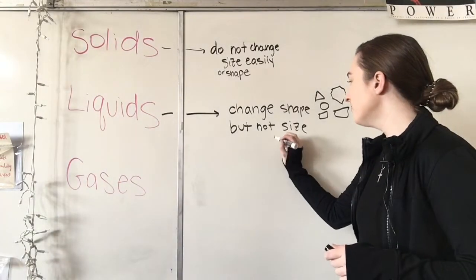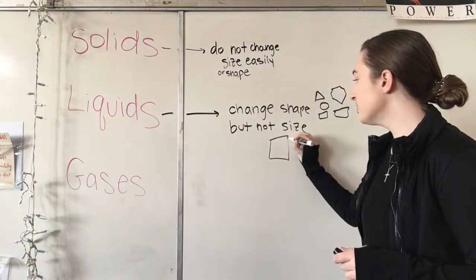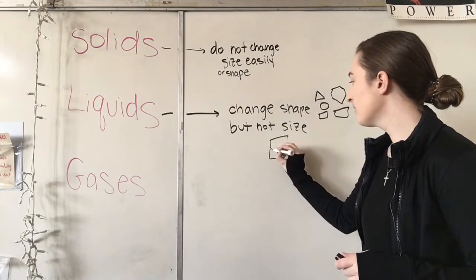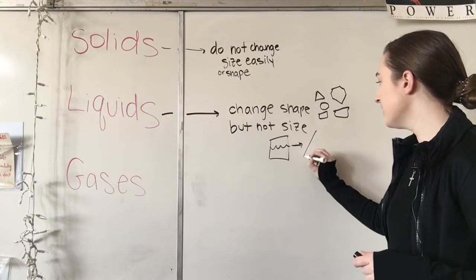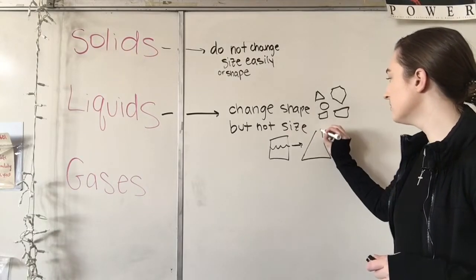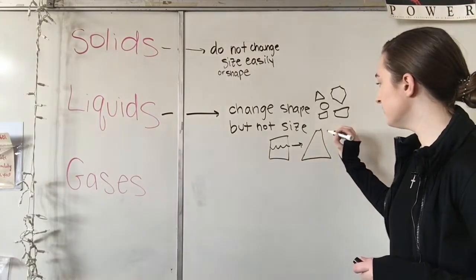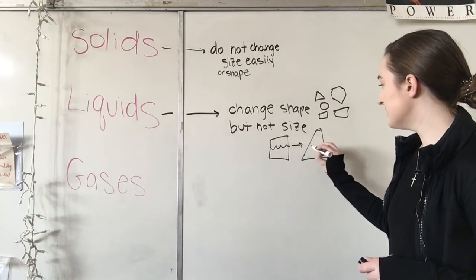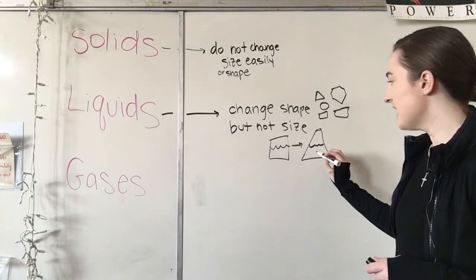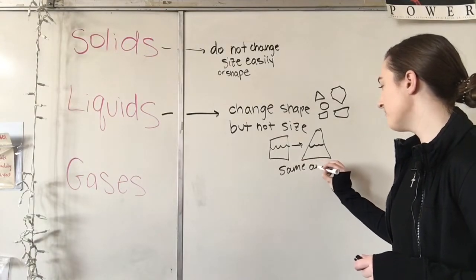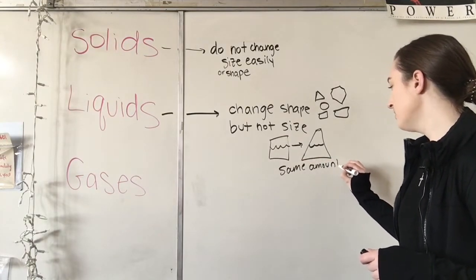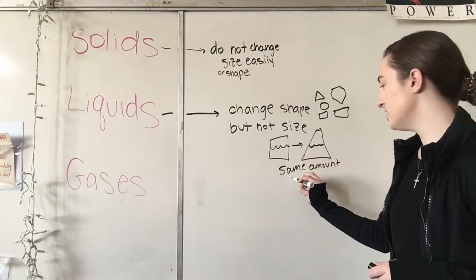If you have a certain amount of water and you move it to a different shape container, it's still going to have the same amount of water or coffee or whatever liquid you have, but the shape changes.